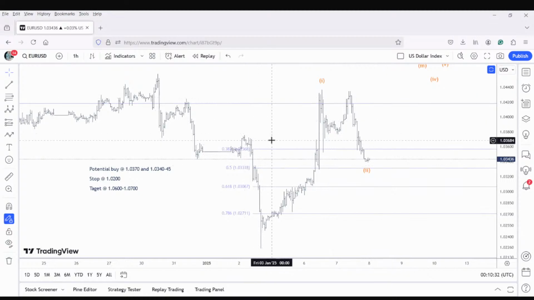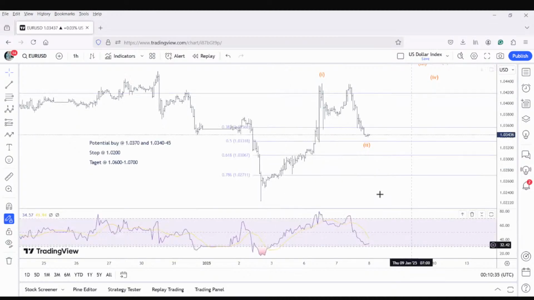And also, if you're interested, just around the fifth wave, you kind of want to look at the RSI. If you see that the RSI is also hovering around the 30 mark, that's a neat little buy zone as well.